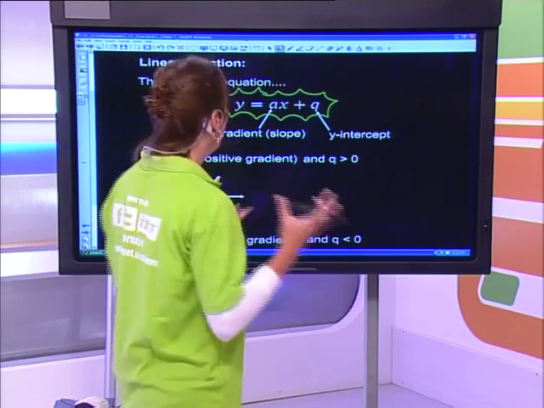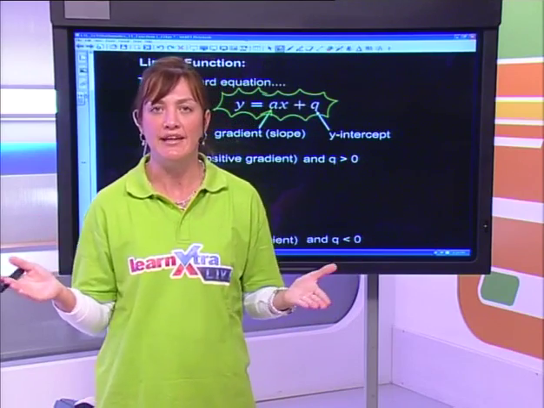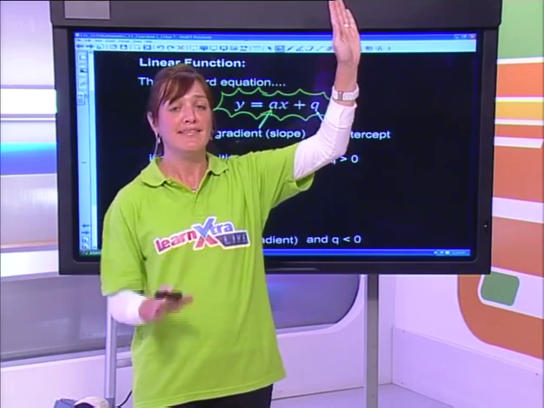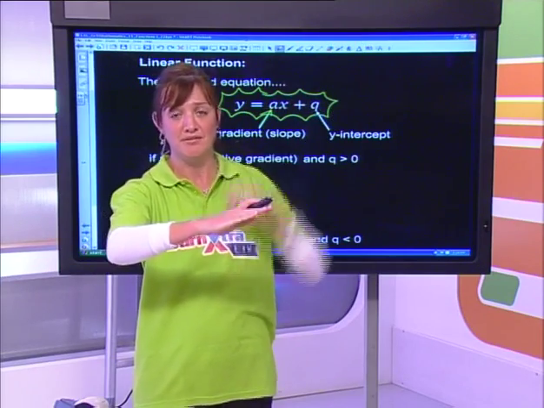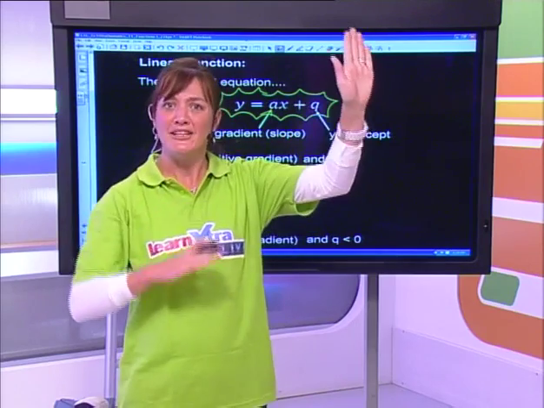All right. So what does the a actually mean in our standard equation? You can see we've put here that the a represents the gradient or the slope of a straight line. If you were to consider climbing Mount Everest as opposed to just the slope of your street, let's say, the one is much steeper than the other.